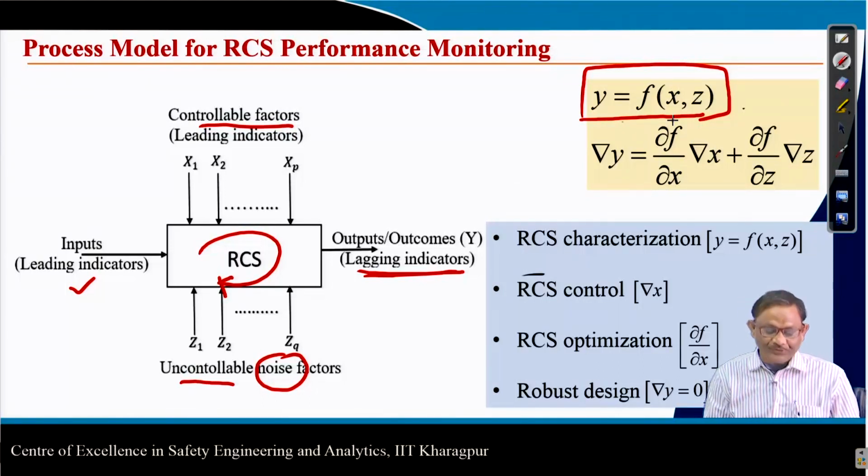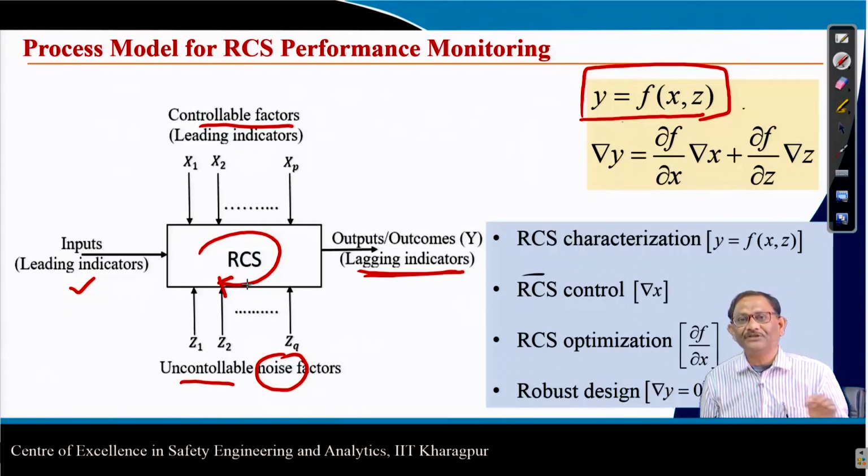My question is, do you know this relationship? Has any kind of study taken place, for suppose you have 9 risk control systems, for each risk control system, where this kind of quantification relationship building is there? I don't know, but you have to do it. We have to do it.